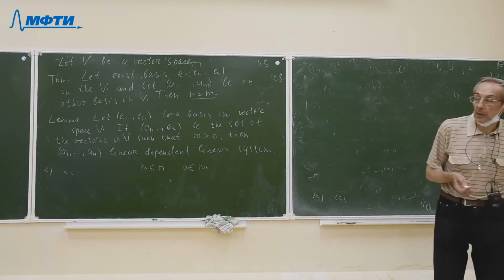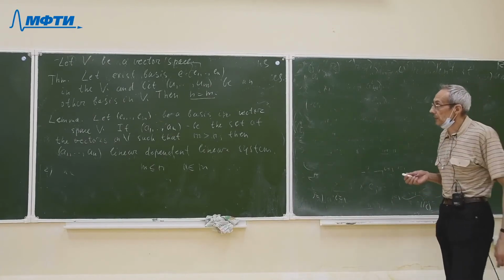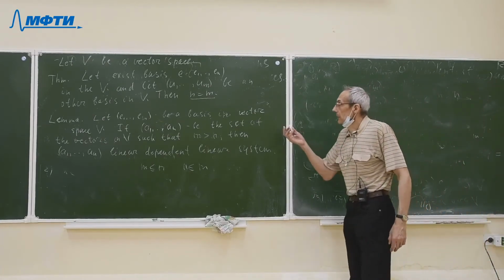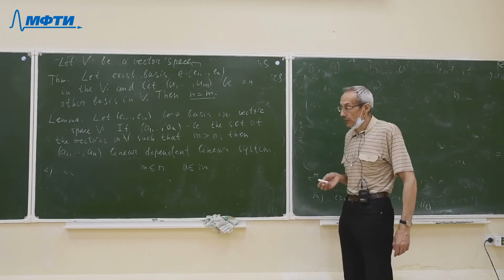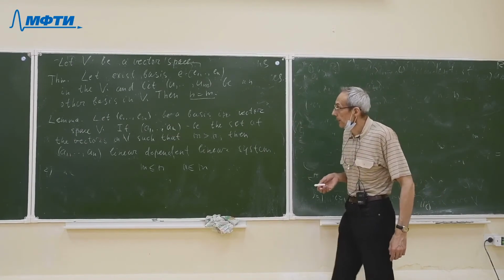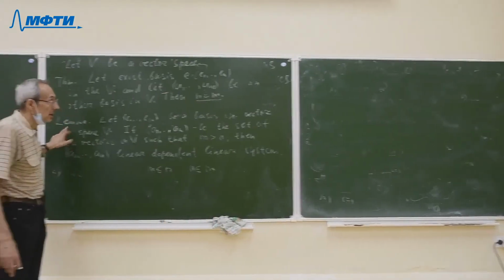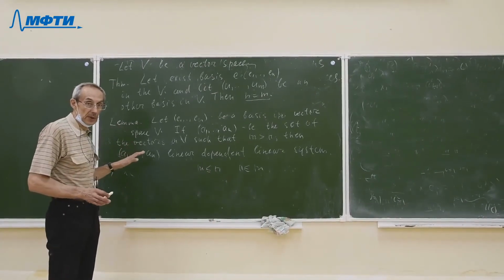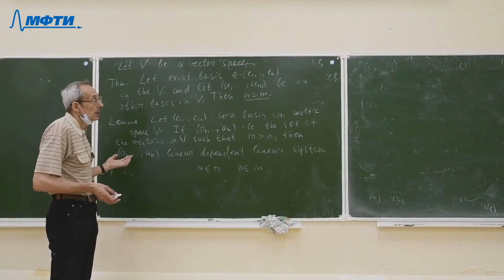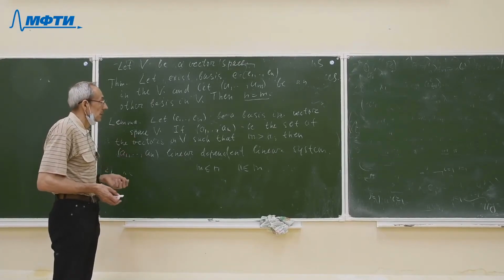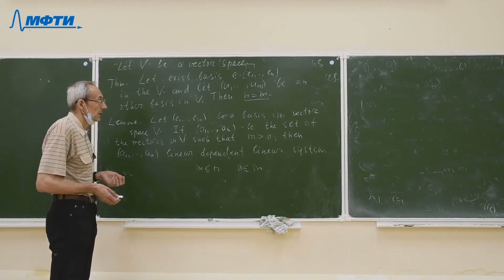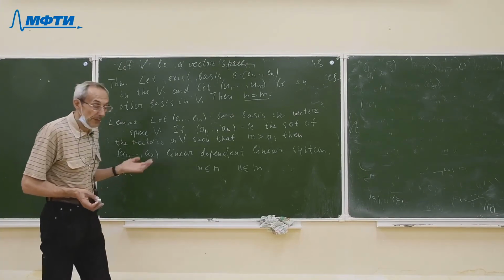Before that, we consider the main example of a vector space, the arithmetical vector space. This theorem is true for any abstract vector space. In particular, this theorem is true for the arithmetical vector space.